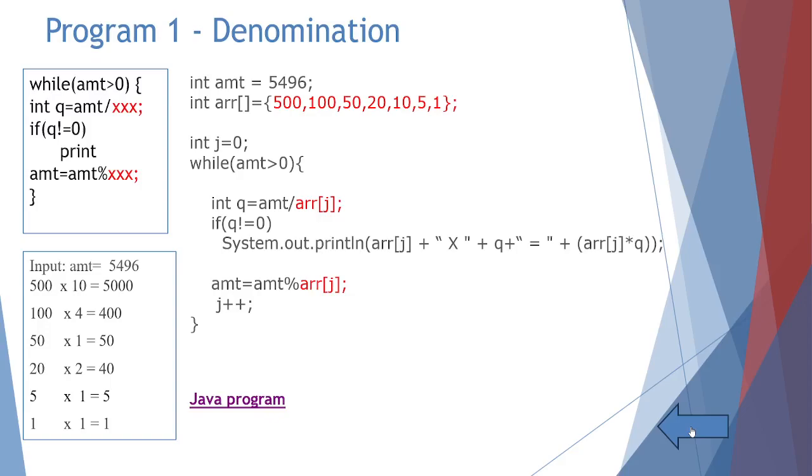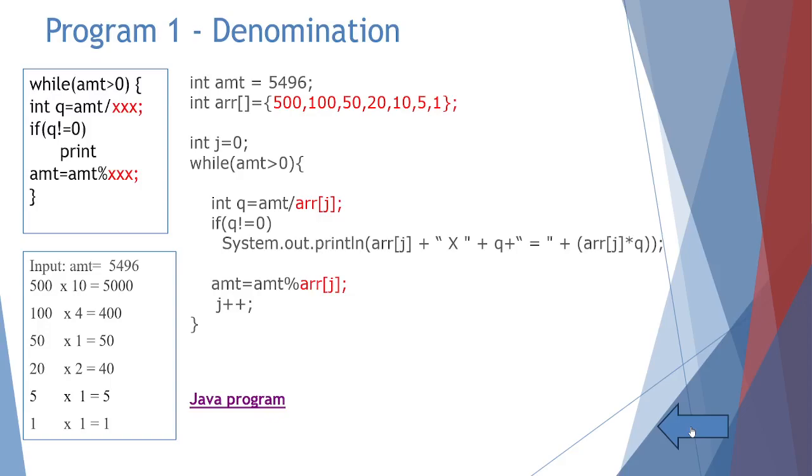So quotient q, plus equals sign is a constant, and 5,000 we get by multiplying ARR of j, that is 500, multiplied by q, the quotient, that is 10. This is how we plan and write.